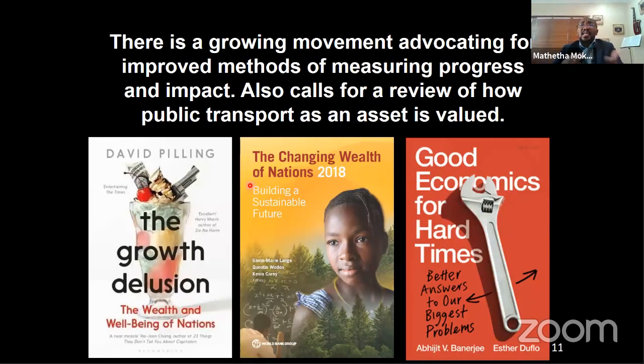And then at a policy level again, there's also a growing movement advocating for improved methods of measuring progress and impact. How do you measure progress? How do you measure impact?